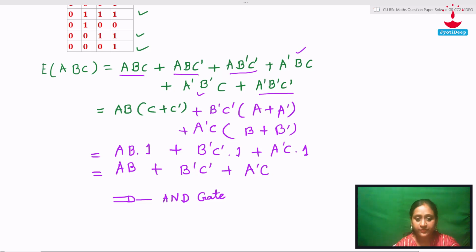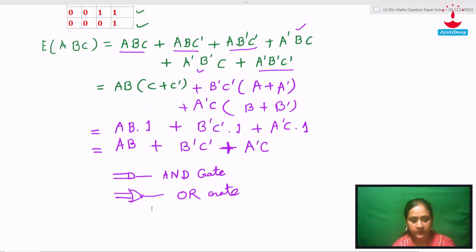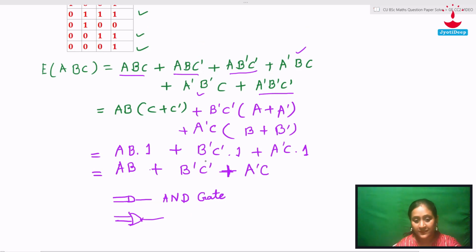These three terms are with a plus sign, so we are going to use an OR gate for these three.